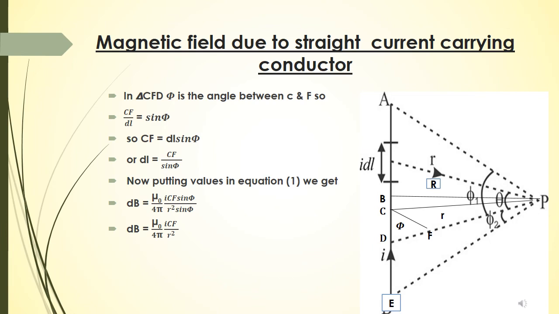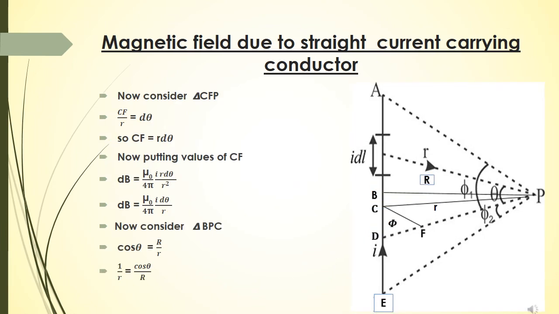So by putting the value of dl, dB equals mu naught upon 4 pi, I CF upon sin phi into sin phi. So sin phi cancels with sin phi. dB equals mu naught upon 4 pi, I CF upon r square.